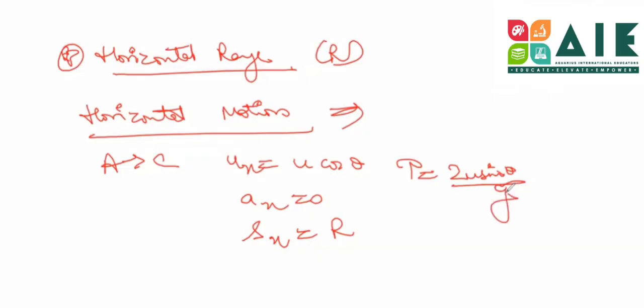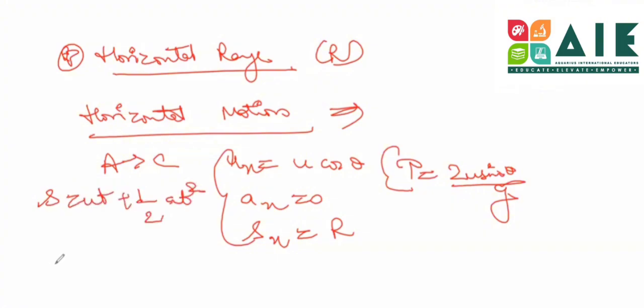Now let's apply this. I will consider a formula connecting all these terms: s equals ut plus half at square. Here s is nothing but R, and u is u cos theta. What is the t value? I think it is u sine theta over g.